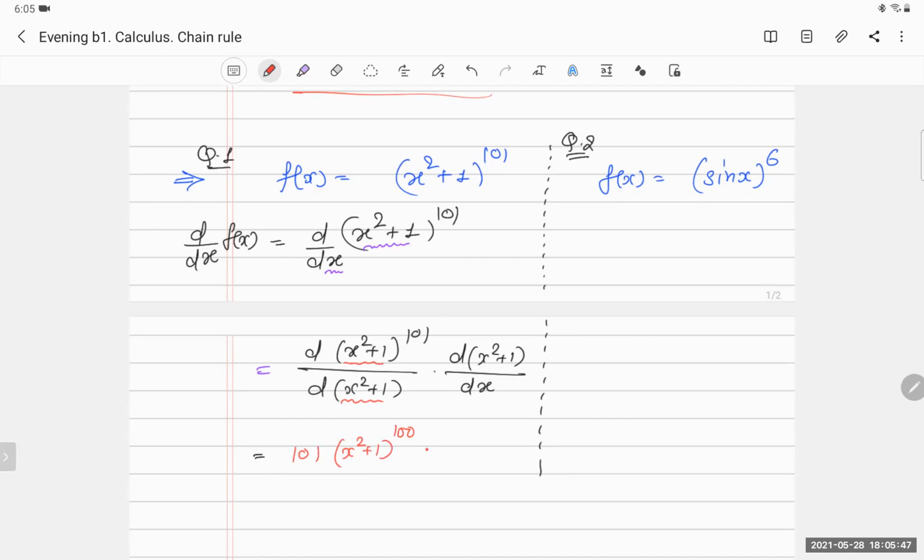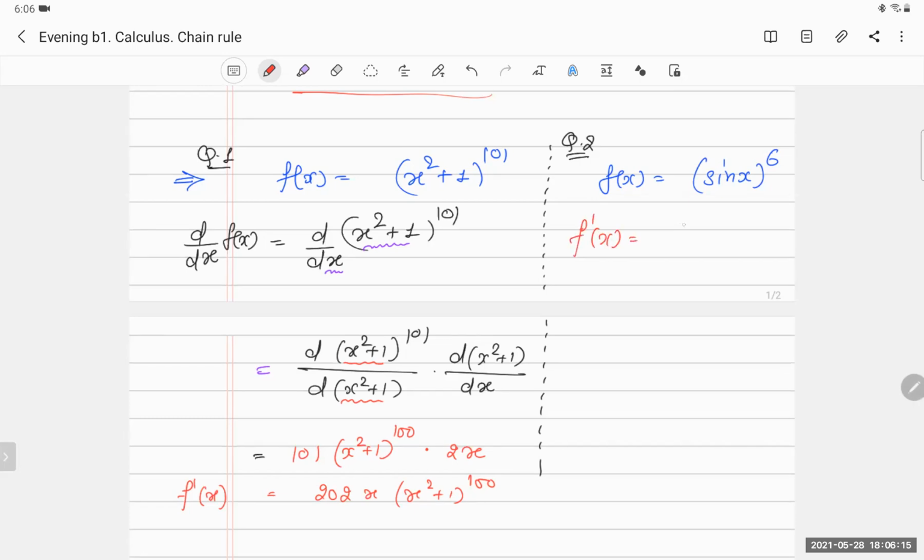And what is the derivative of this? 2x. So it will become 202x (x square plus 1) raised to 100. This is my f dash x. Fine. Yes, sir. Okay.